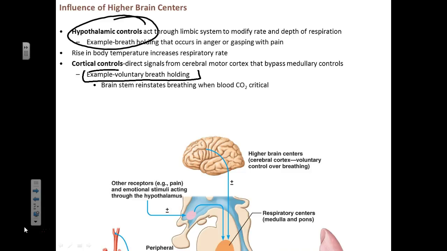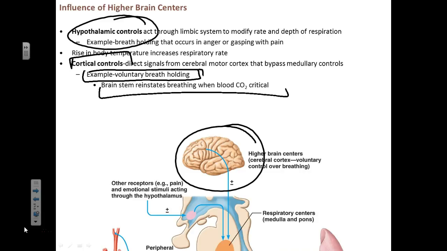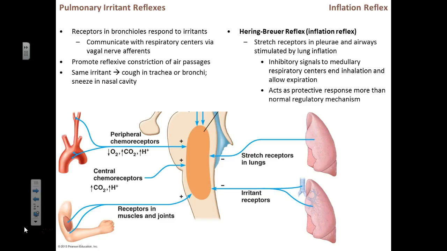That's what we just discussed. Okay, so that's cortical control. Okay, but again, as we mentioned, brainstem is going to restore breathing if CO2 increases above a certain level. As I mentioned, you can't suffocate yourself.